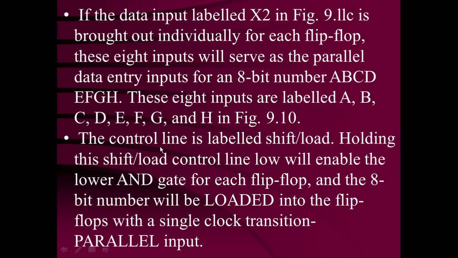The control line is labeled here as shift load. Holding the shift load control line low will enable the lower AND gate for each flip-flop, and the 8-bit number will be loaded into the flip-flops with a single clock transition. This is known as parallel input of the data.